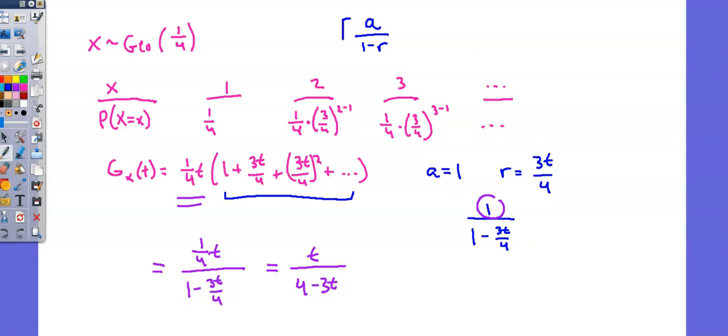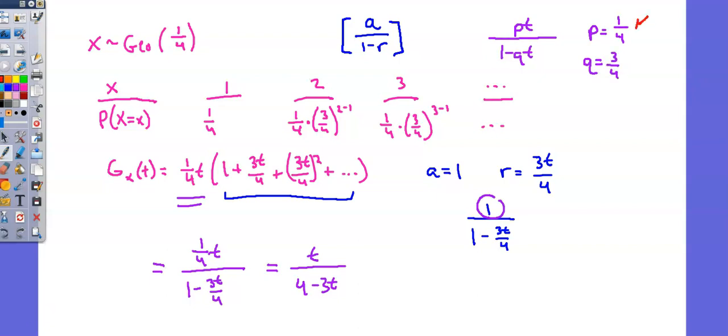Let me note at the top, in brackets, my infinite series expression. Ultimately what we're working towards is the format of p times t over 1 minus q times t. Notice that our p in this distribution is 1 over 4, and q is 3 over 4.